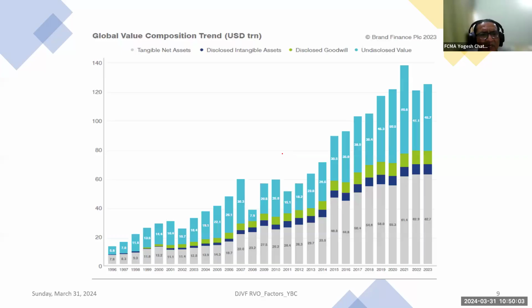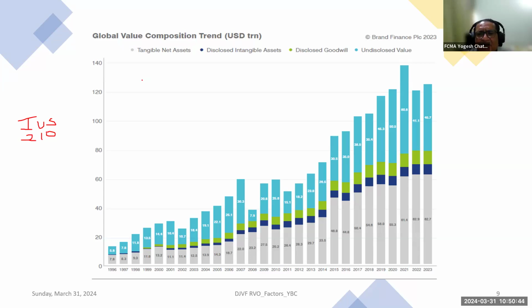Moving forward, now we will move to IVS 210. IVS 210, as we all know, is intangible asset. The valuation of intangible asset is very complex, as we all will appreciate, because the internally generated or homegrown intangible asset is not reported in the financial statement as per the guidance provided in the financial statement reporting framework.